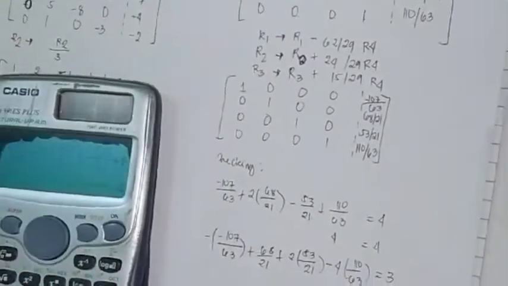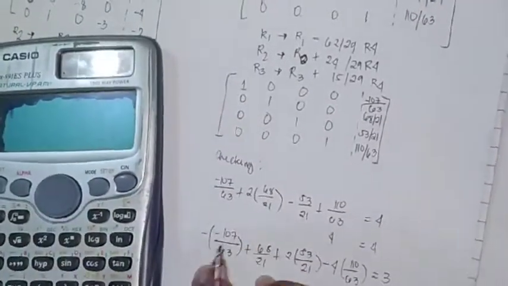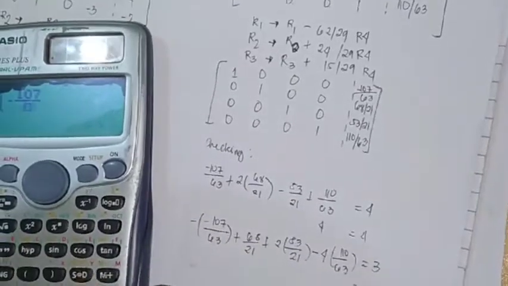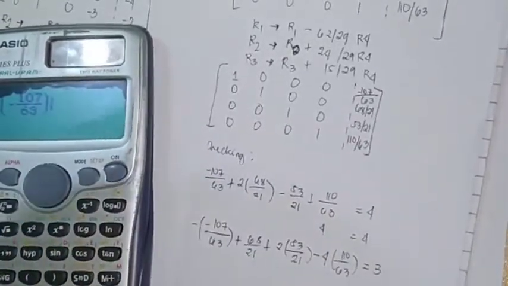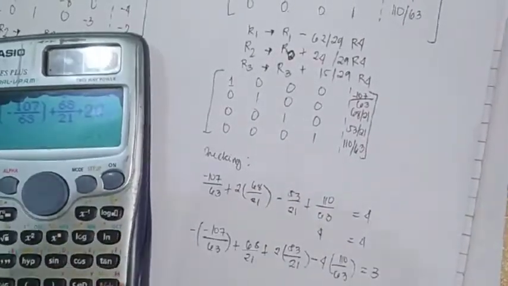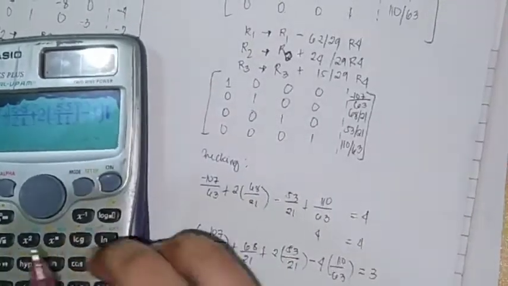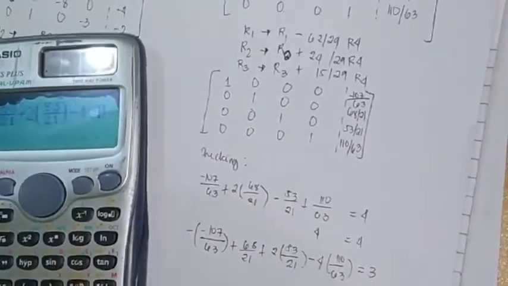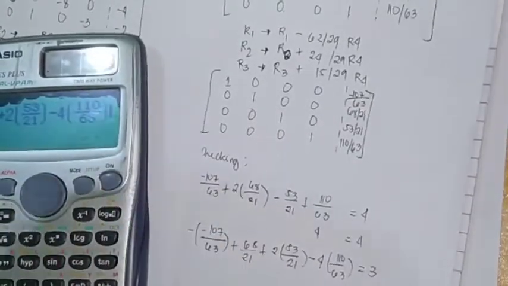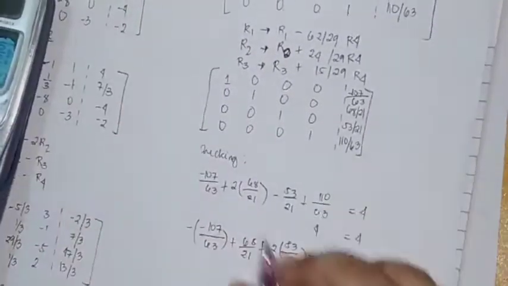If it's equivalent, then it's correct. So we have negative 107 over 63 plus 68 over 21 plus 2 times 53 over 21 minus 4 times 110 over 63. So it's 3. So they are the same.